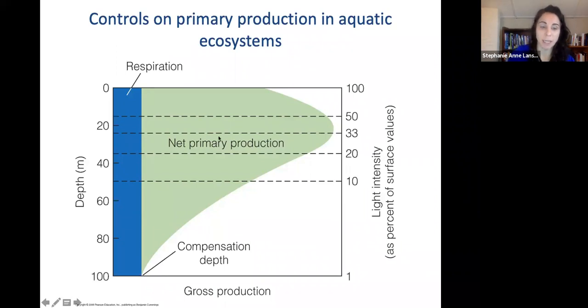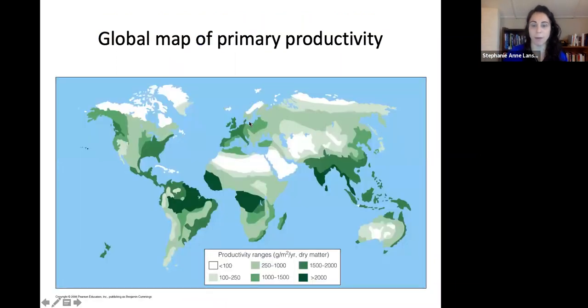And so if we look at depth, for example, you can see that most of the primary productivity actually takes place at a fairly shallow depth, right? And that's because of the light intensity and what can get down to support that primary production. As you go deeper, we have less light intensity, so we have less primary production. So if we look at the global map of primary production, you can see here that we get a lot of our primary production here where we are here in the Northeast.